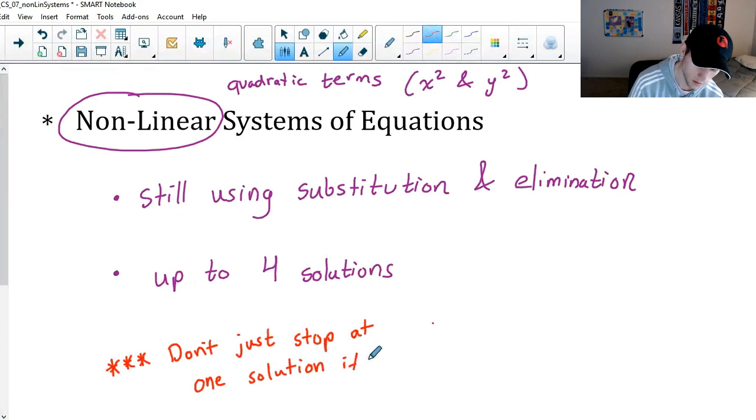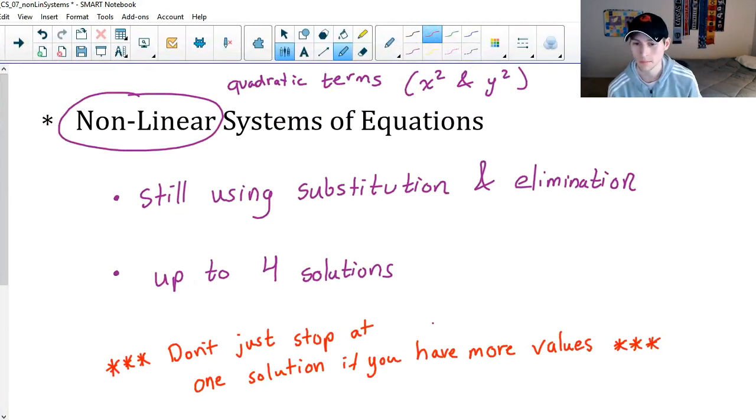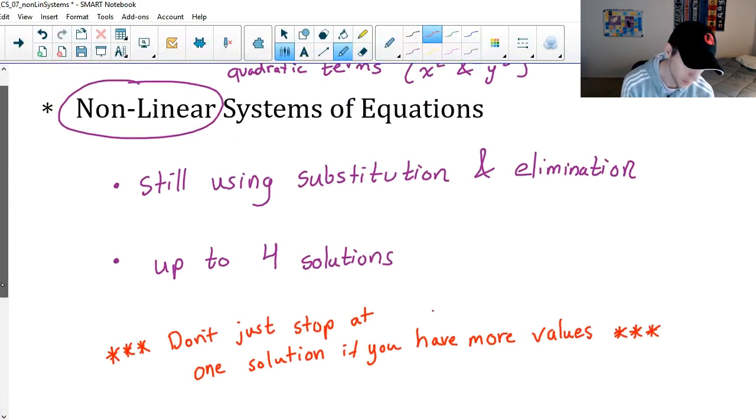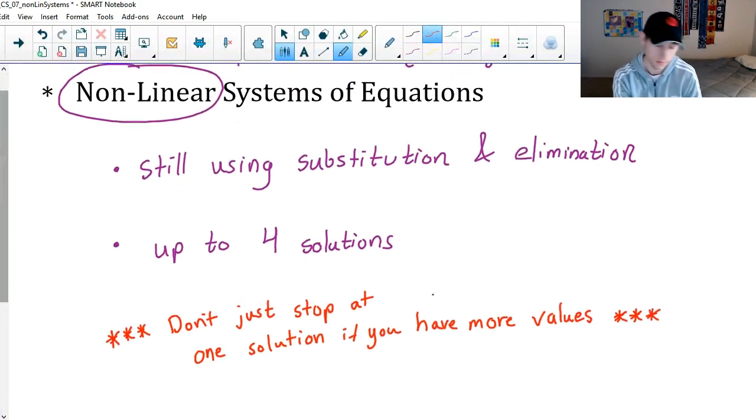If we're doing our solving and we have multiple x values, don't just take one of the x values and plug it into the equation. We have to take both values and plug them into the equation eventually. So don't just stop at one.